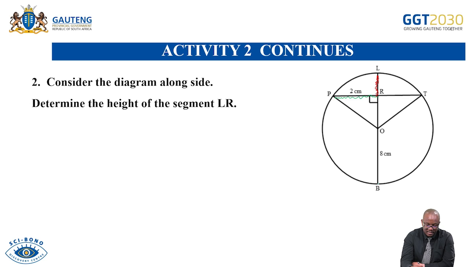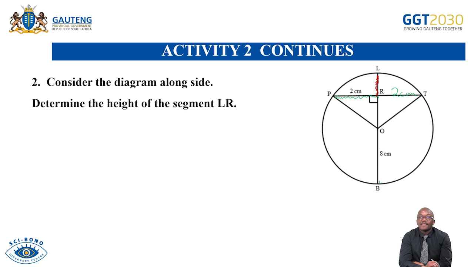It's given that BL is perpendicular to PT. So if BL is perpendicular to PT, we know the theorem saying the line drawn from the center of a circle perpendicular to the chord bisects the chord. So now, your PR and your RT are equal in length.